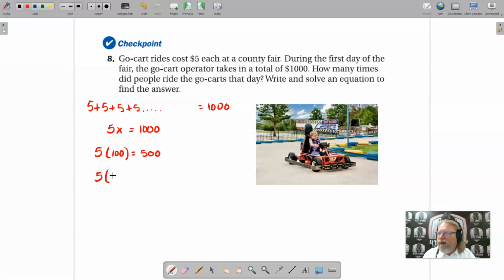Instead of 100 riders, let's go 200 riders, and that's going to equal 1,000, right? So there were 200 go-kart rides sold that day. It could have been fewer go-kart riders if somebody rode it more than once, but there were 200 times that someone paid $5 in order to get to 1,000.